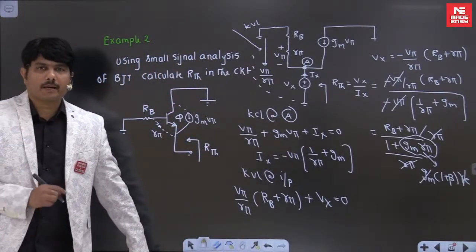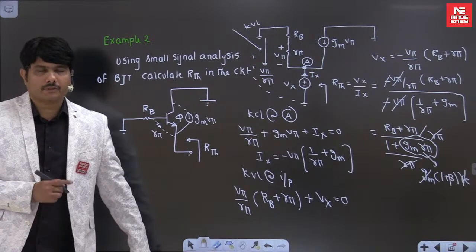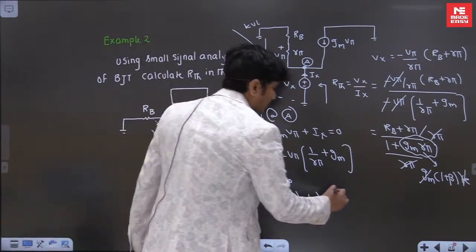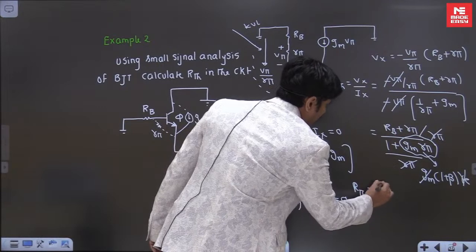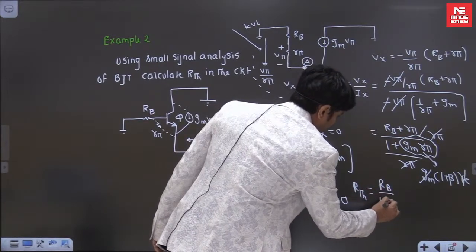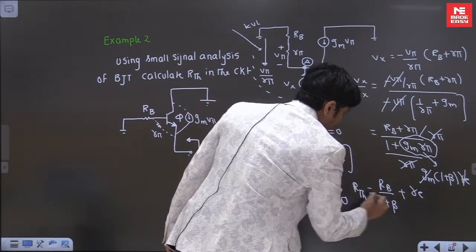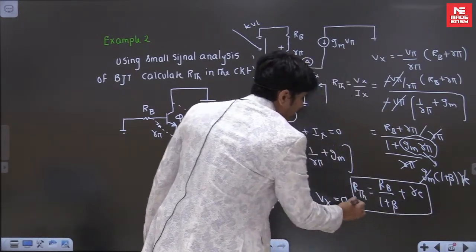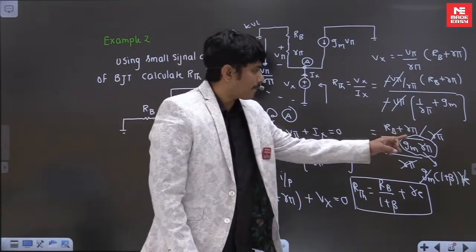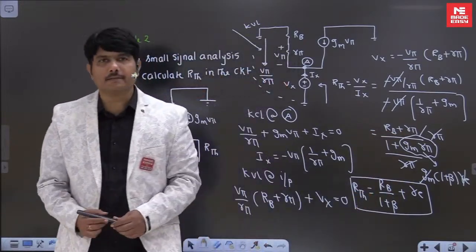GM is nothing but 1 by Re. So Re will be cancelled. So 1 plus beta is remaining. So the answer is RB by 1 plus beta plus small re. Can you see this? This is the answer for it. Because here r pi by 1 plus beta will become again small re.